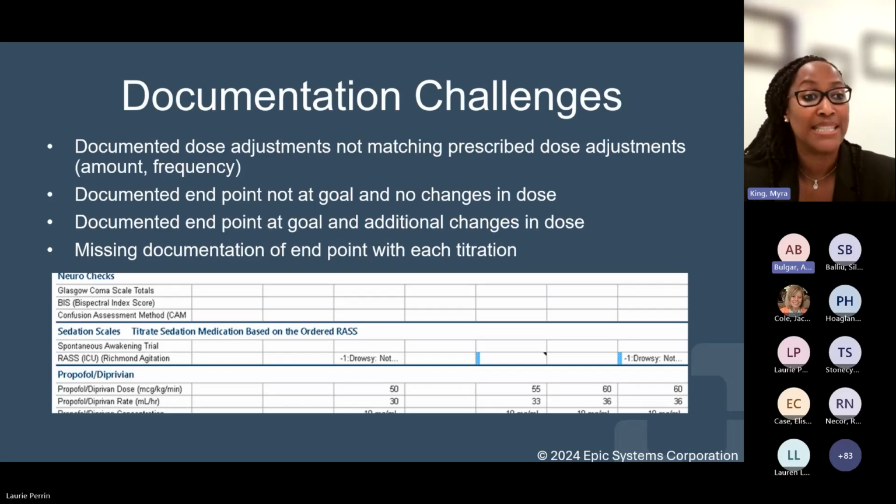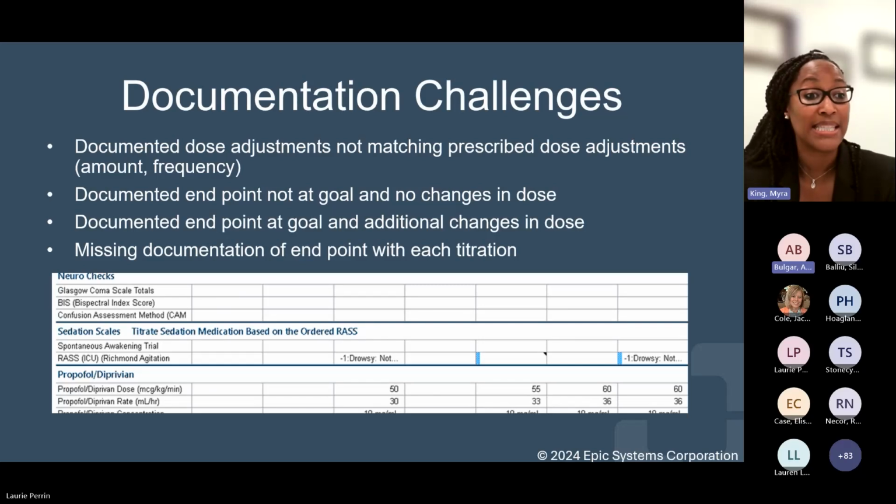We saw that the documented endpoint was not at goal, and no changes were being made in doses. Or perhaps the endpoint was at goal, but additional changes were not being made in the doses. And so essentially, it was difficult to follow the patient's story as it related to titration of those medications.